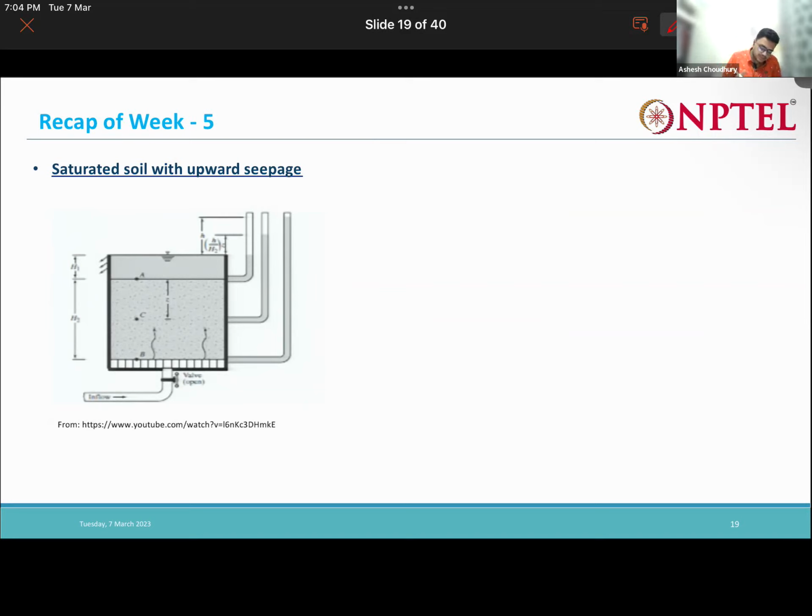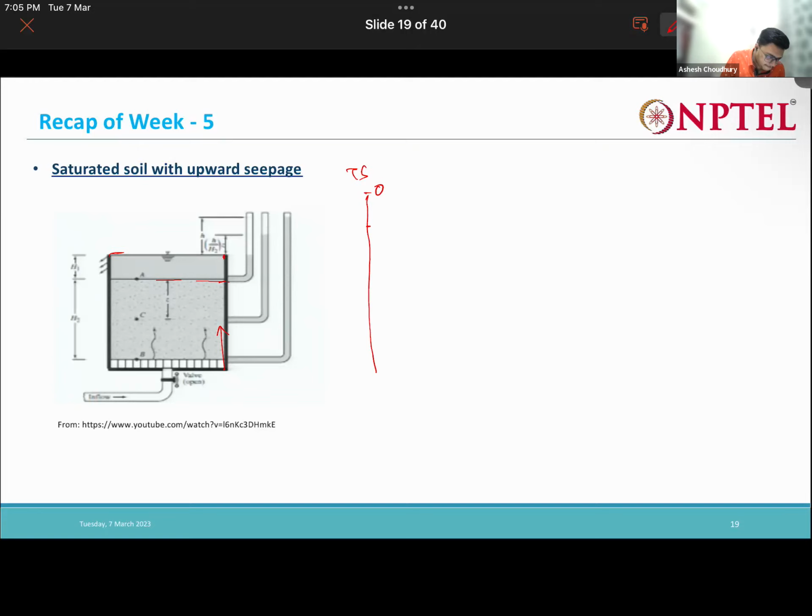Here we have higher head, here we have lower head. So seepage is coming from bottom to top, upward seepage. So similarly, at this point, what is my total stress? It is zero.